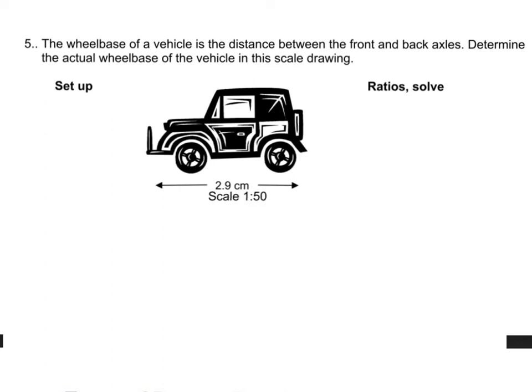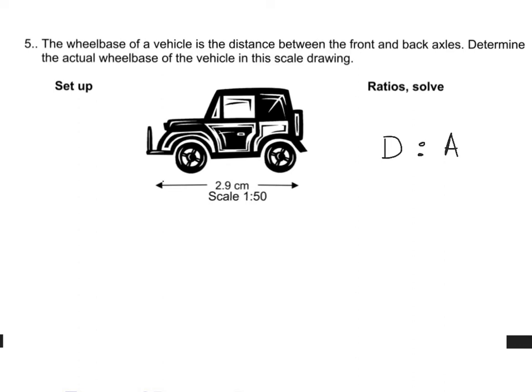Let's take a look at this car question. Again, this says the wheelbase of a vehicle is the distance between the front and back axles. Determine the actual wheelbase of the vehicle in this scale drawing. Now, remember that the scale drawing always is, and the ratio that's set up is always the diagram to the actual measurement.